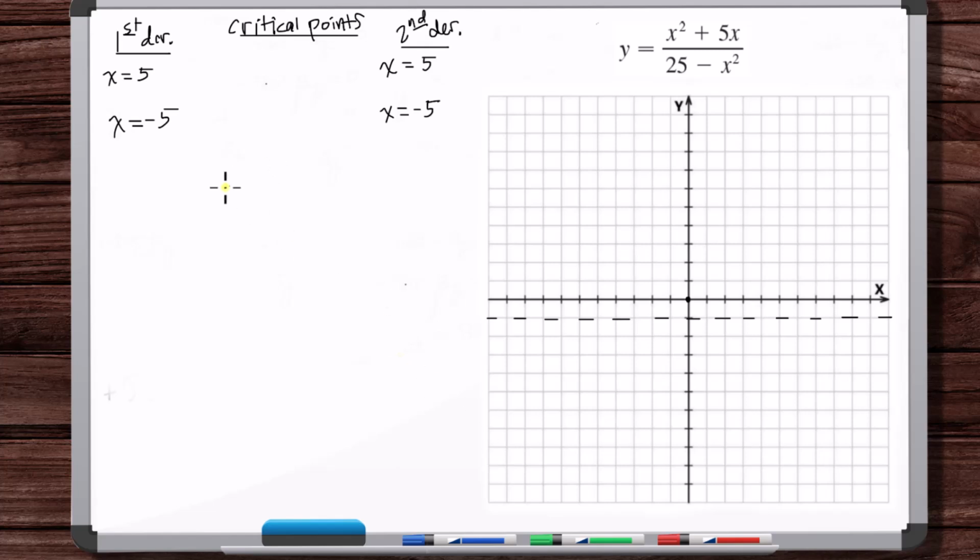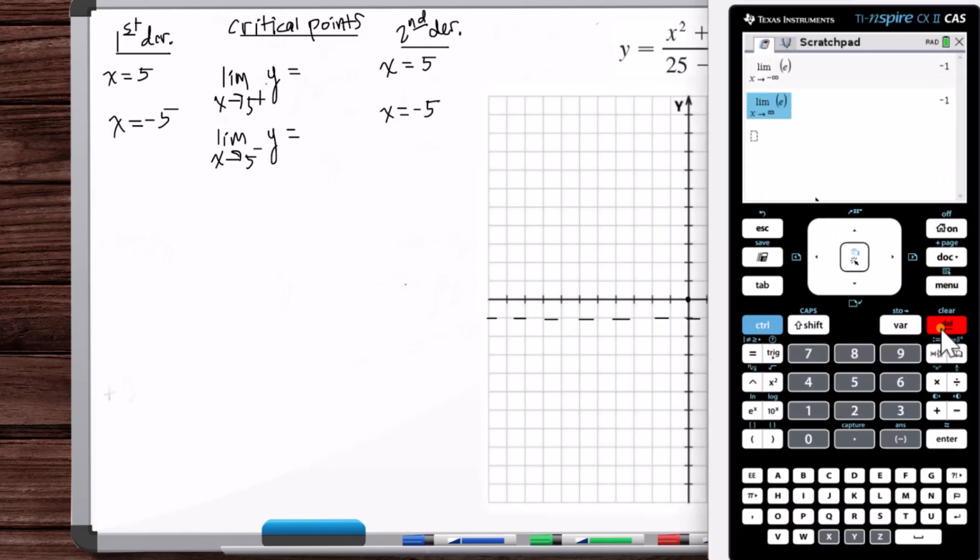So, okay, let's take the limit as x approaches 5 from the left of the function and the limit as x approaches 5 from the right of the function, okay?